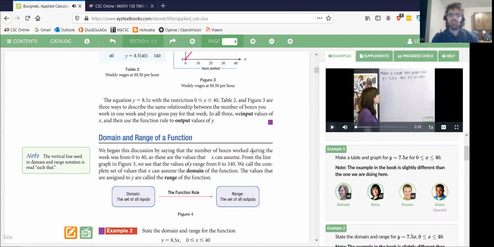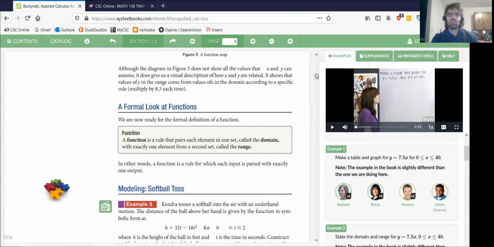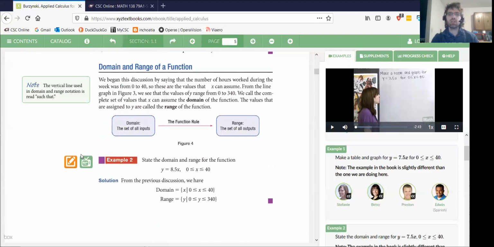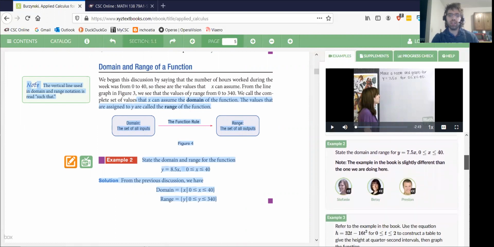This brings us to the second method of content delivery, which is video. Examples in the textbook have corresponding videos of people working through the examples.